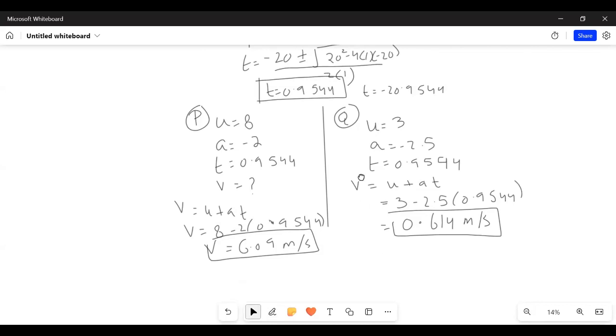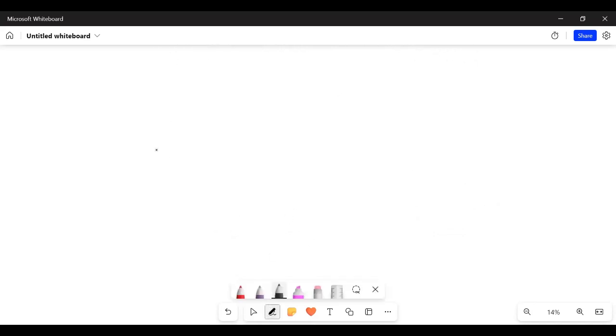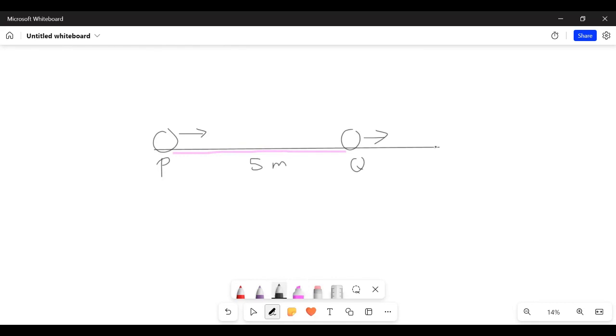ओके अच्छा, इस क्वेश्चन में हमने क्या चीज सीखी है जो हमने पहले ही नहीं की हुई? हमने ये सीखा है कि if there is a particle, let's say whatever P कर देते हैं, और एक पार्टिकल Q है, they're both moving in this direction and there's an initial gap given which was 5 meters or whatever.